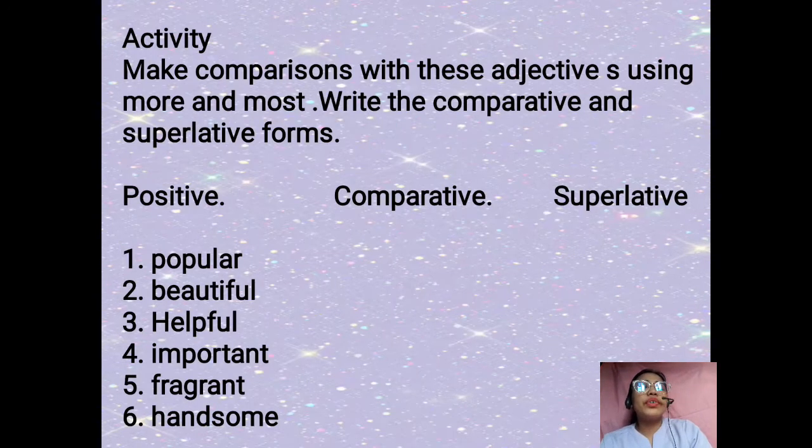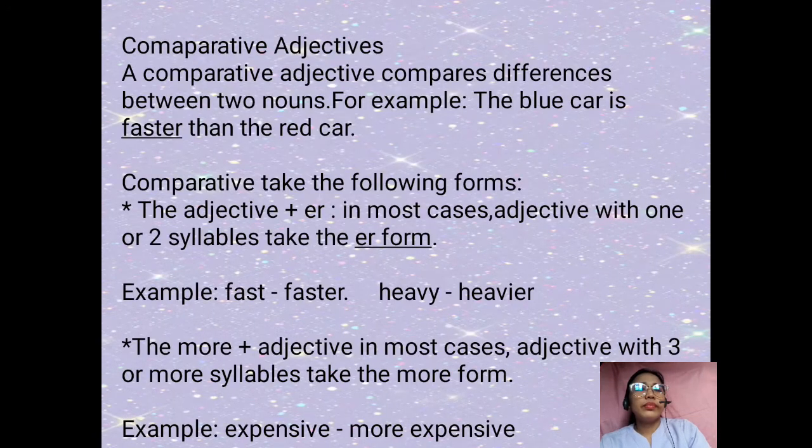Okay, so for example, the word fast. Fast. So it has only one syllable. That's why we add er when we use this word in comparative degree. Okay? Fast, faster. Heavy.